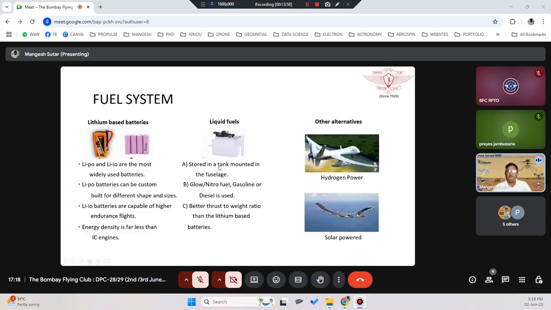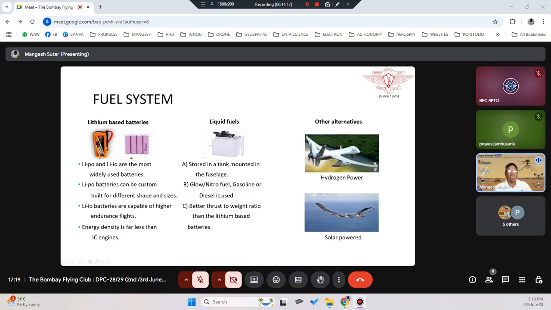Liquid fuel is stored in tanks mounted in the fuselage or in the wings, depending upon how you have designed the fixed wing. It could be glow, nitro fuel, gasoline, or diesel. Here we get better thrust to weight ratios than lithium based batteries.